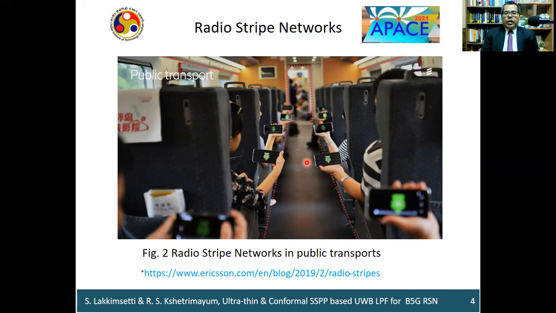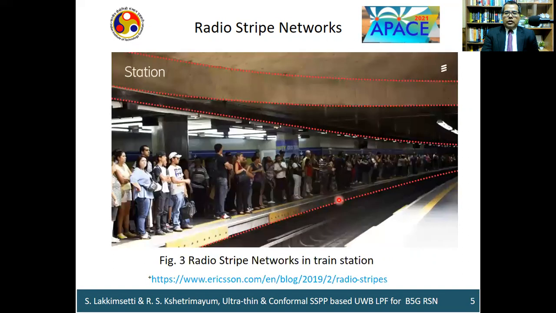So in order to provide very good quality of service and data rate to each and every user, there should be radio strip networks inside the public transport also. In this diagram, it can be seen that on the doors and on the floor of the public transport, there are radio strip networks. Even on the walls and windows, there are radio strip networks. So it will enable very good quality of service for each and every user.